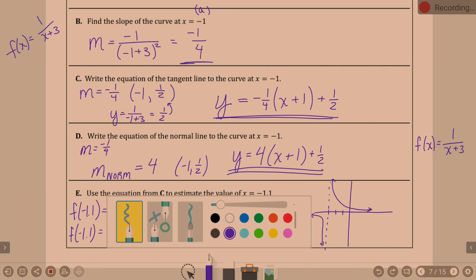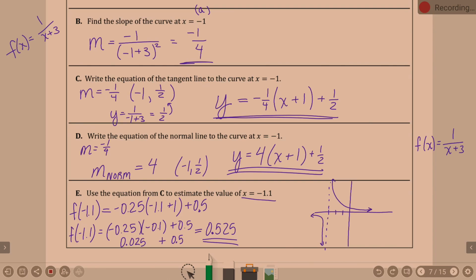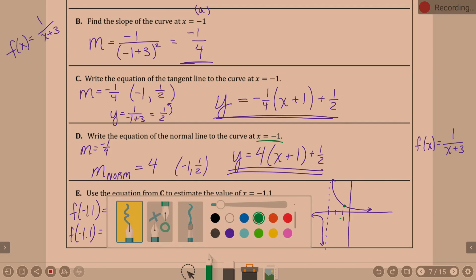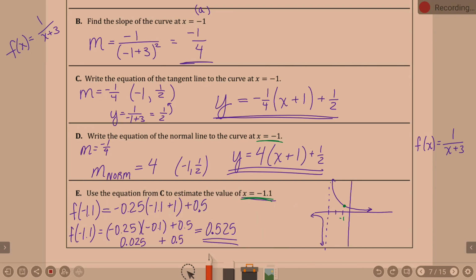Now, originally, we are talking about -1, and we're trying to estimate it for -1.1, right? So here at -1, here's the point at -1, yes? That's -1. Where is -1.1 in relation to that? -1.1 is technically just slightly past it, yes?